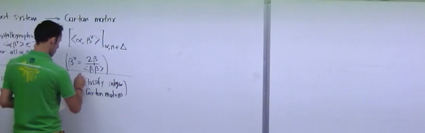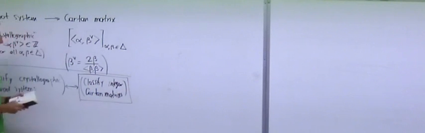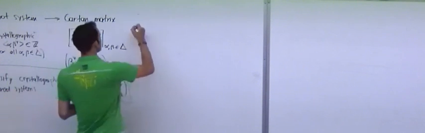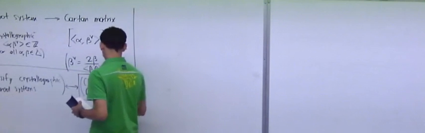And this is our next goal. Our next goal is that we want to understand, if I give you some matrix of integers, when is it a Cartan matrix? So this is our next goal.